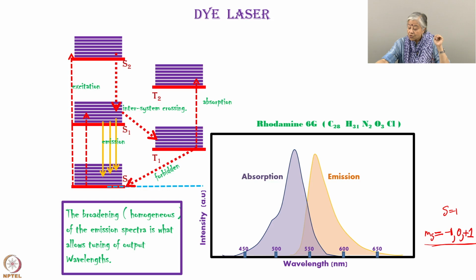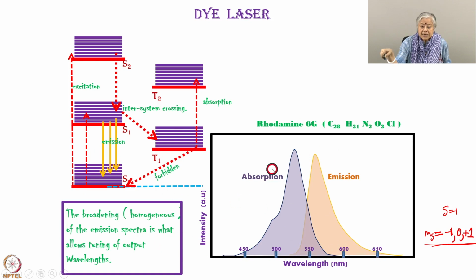Now, in order to have a laser, before I go into the laser, I must tell you, for rhodamine 6G, what the absorption structure is and what the emission structure is.